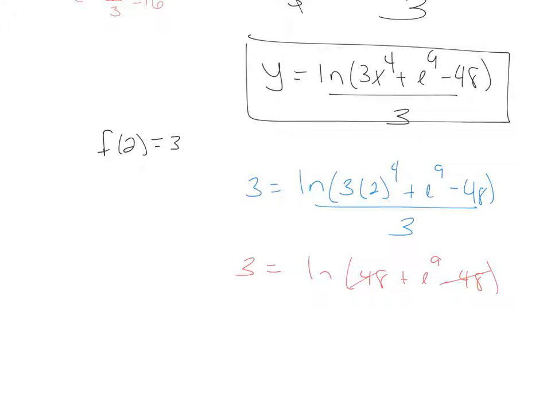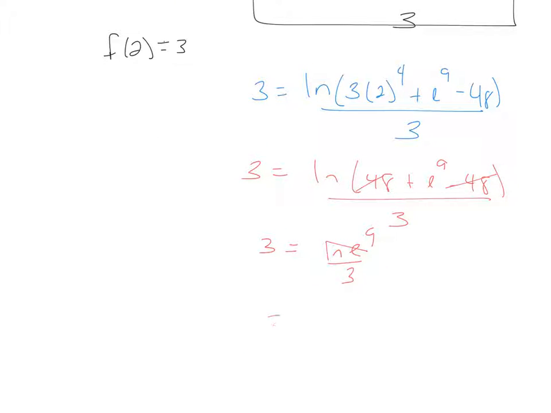These go away. And you end up with 3 equals ln of e to the ninth over 3. And ln and e cancel. So 3 equals 9 divided by 3. And there you go, 3 equals 3. So it works.